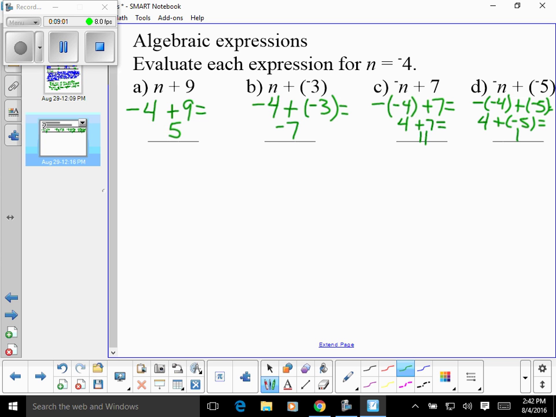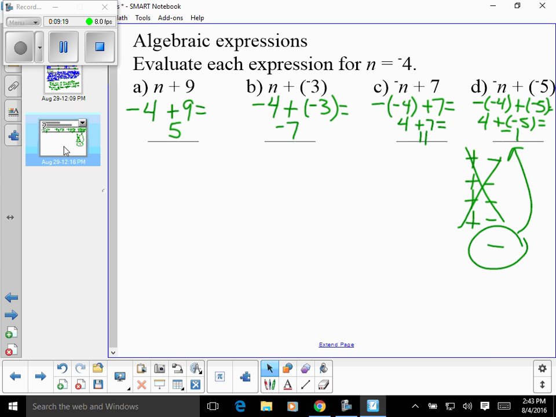But the -5 is the greater absolute value, so it's -1. Or you can think about it as, okay, I have my 4 positives, 5 negatives. These are canceled. I've got -1 left. There's a couple of different ways to go through solving them. You kind of have to use whatever is going to work best for you.